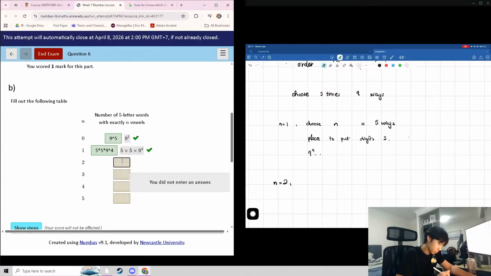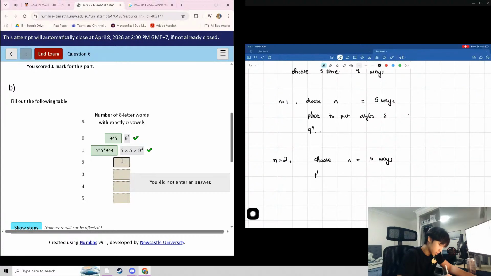If n is equal to 2, choose n, 5 ways. Place to put digit is 5 ways. To put it, reps matter.